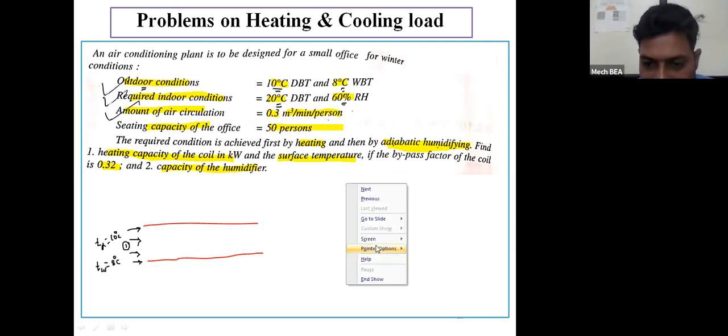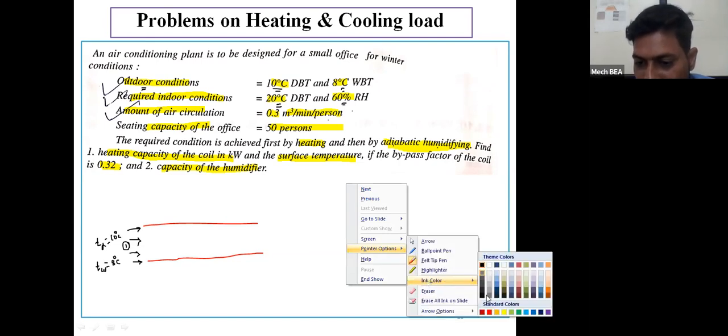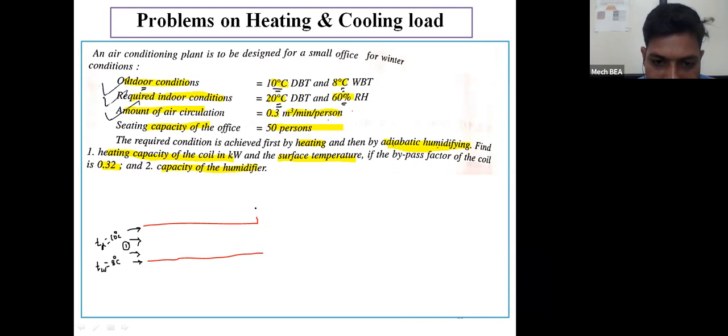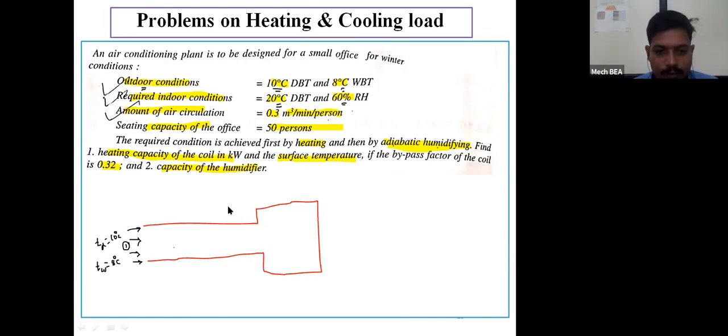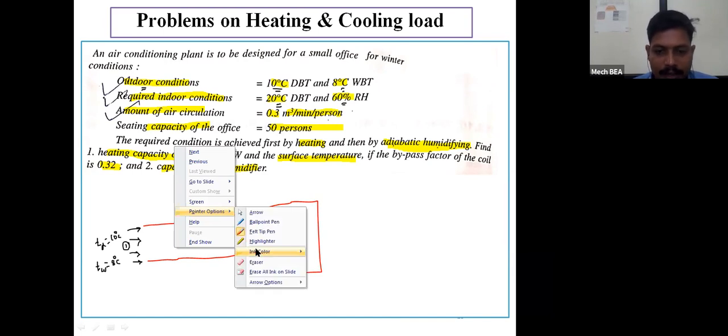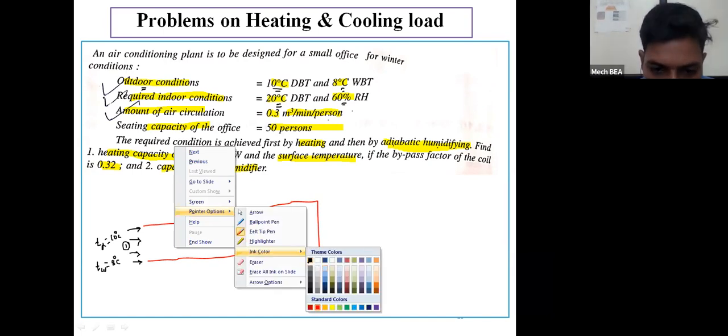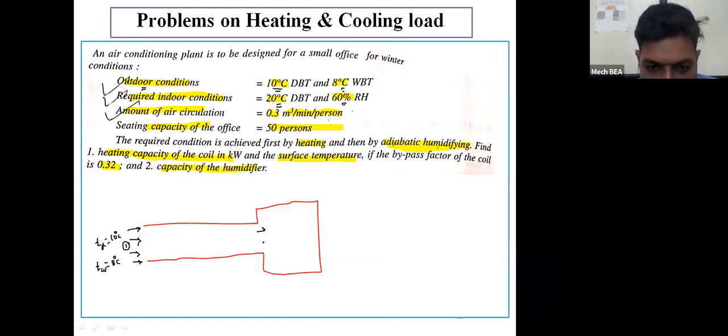That means whatever insulated room or small office is there, after doing the processing on the outside air, the supply air will be supplied to this insulated space, this small office.